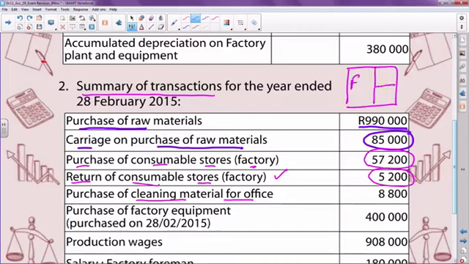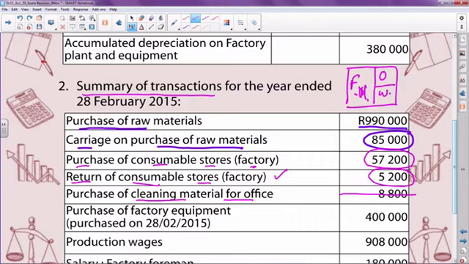Okay, this is our factory. This is our office where the admin takes place, and this is our warehouse where the sales and distribution takes place. So we are only interested in the factory, what is happening here. Okay, so any cleaning materials used for the office is not going to be shown in my factory overheads account.